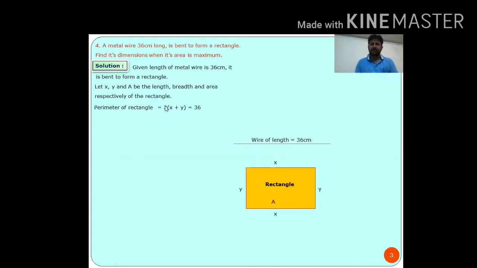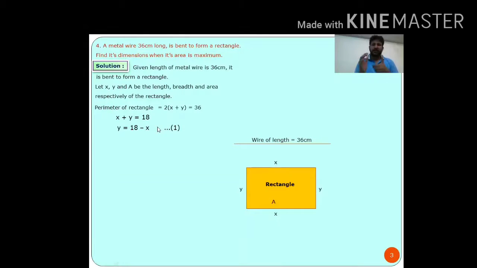Shifting the multiplier 2 to the right side, we get x plus y is equal to 18. From this equation, the value of one variable is expressed in the other variable, so y is equal to 18 minus x, as equation number 1.